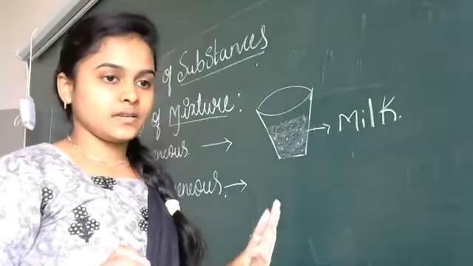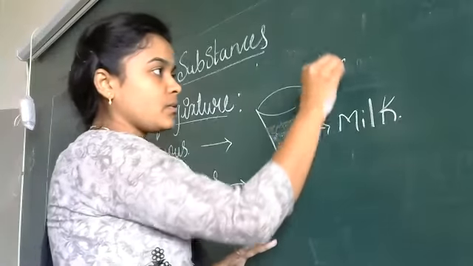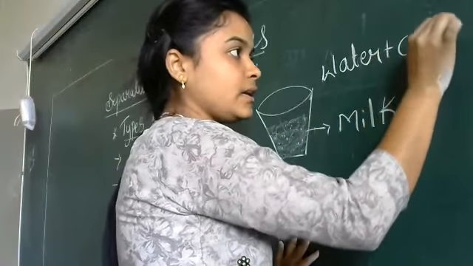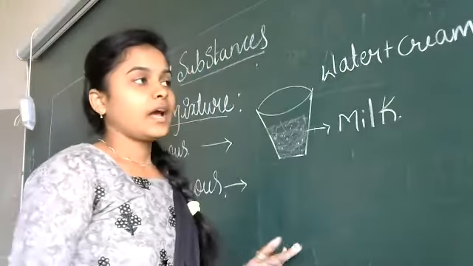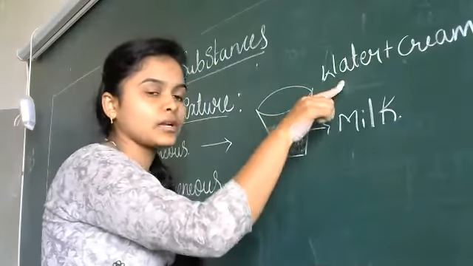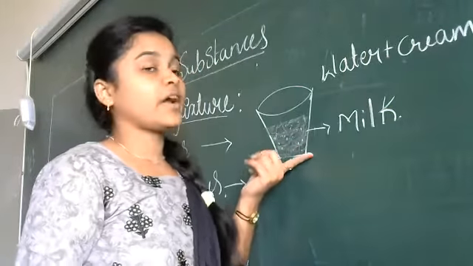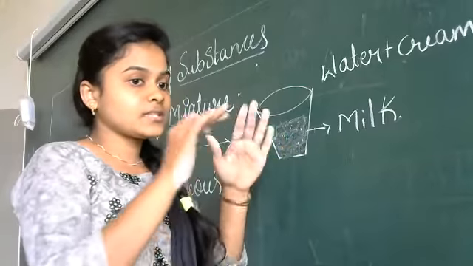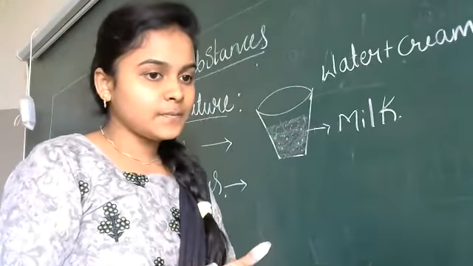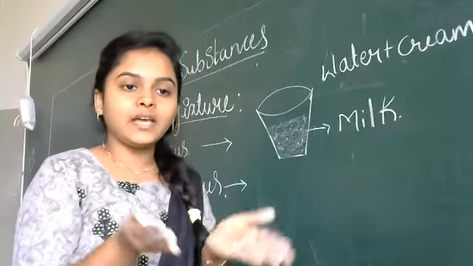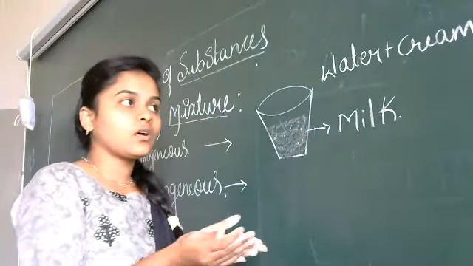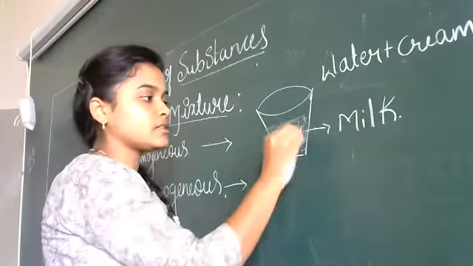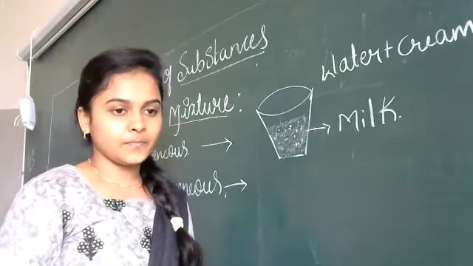For example, milk is the mixture of water and cream, and this cream and this water separately we cannot find in the milk. Why? Because it is completely mixed.